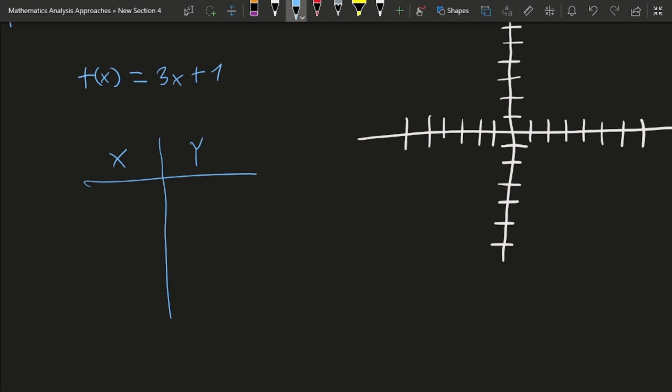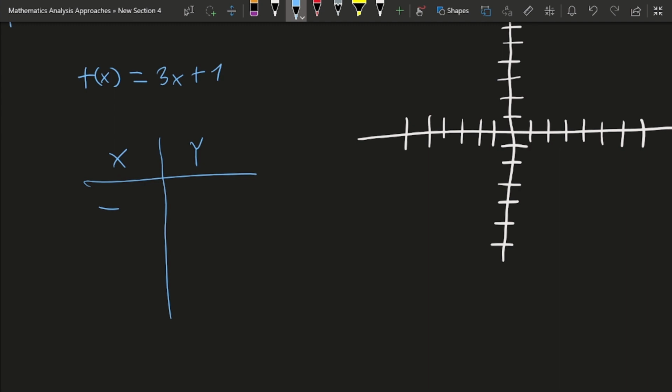Okay, this y you can write, because y is basically the same as f of x, or t of x in this case. But we'll stick to y. So let's put some points in.